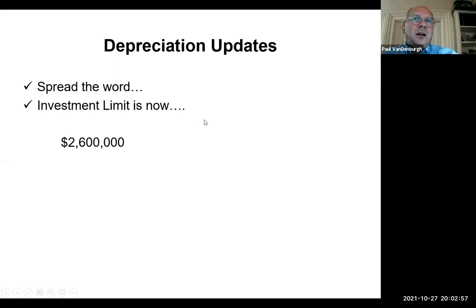The investment limit now is $2,600,000. What's the relationship here, $2,600,000? If a farm business, or not just any farm, it's any business, purchases qualifying property eligible for 179 in excess of $2.6 million, for every dollar over, you have to reduce the amount that can be used for Section 179, that $1,050,000.